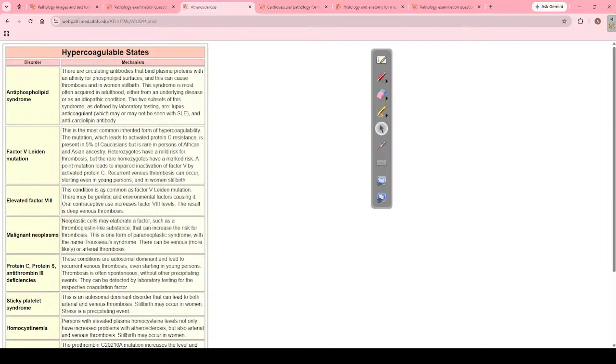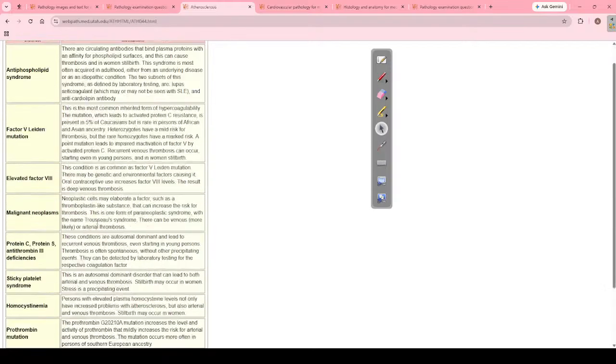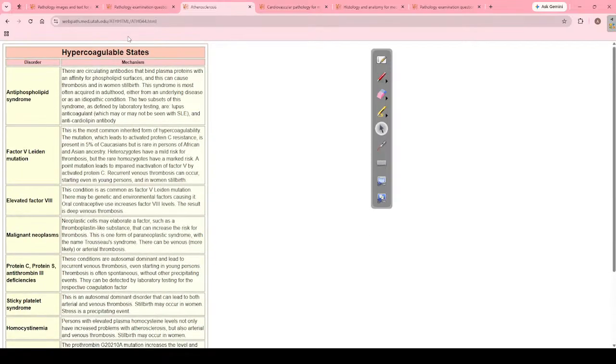These are some very important hypercoagulable states. This is a very common question, as a lot of stroke cases in the young are being seen nowadays, and a few reasons why those occur is because they are in a hypercoagulable state.